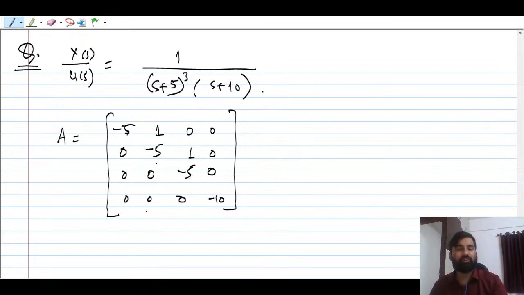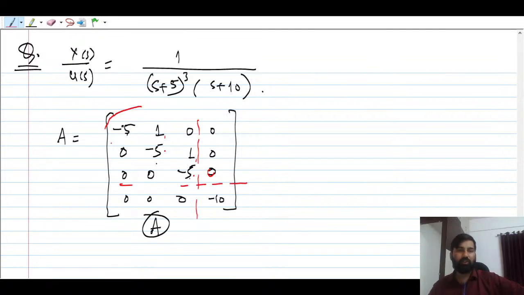This is going to be your A matrix in Jordan canonical form. This is the trick I'm telling you: above this there should be 1, above this there should be 1, but above this no 1. If you want to decide which one is the Jordan block, it is going to be this.